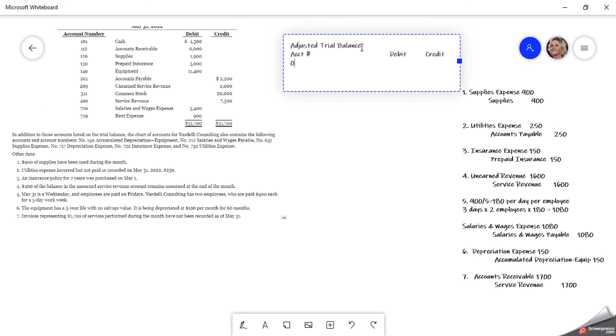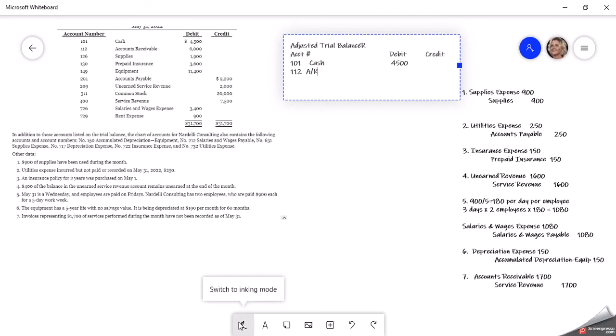Account number 101, cash. We didn't make any changes to that. So that's still 4,500. Our accounts receivable, we did, right? I mean, if I could do the little T account of it, which may be slightly hard, I'm going to just verbally say it.